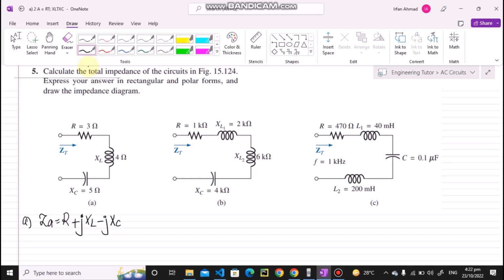So writing it, ZA will be equal to 3 plus j XL, which is 4, minus j XC, which is 5.